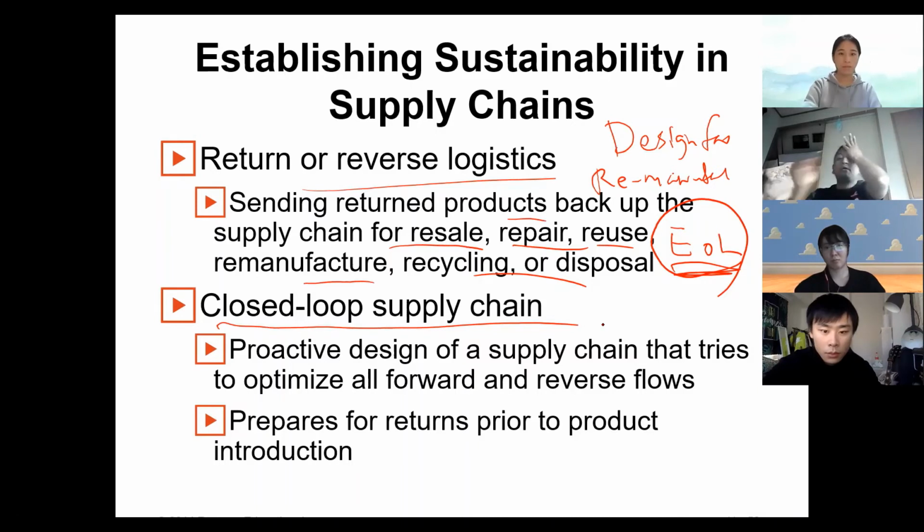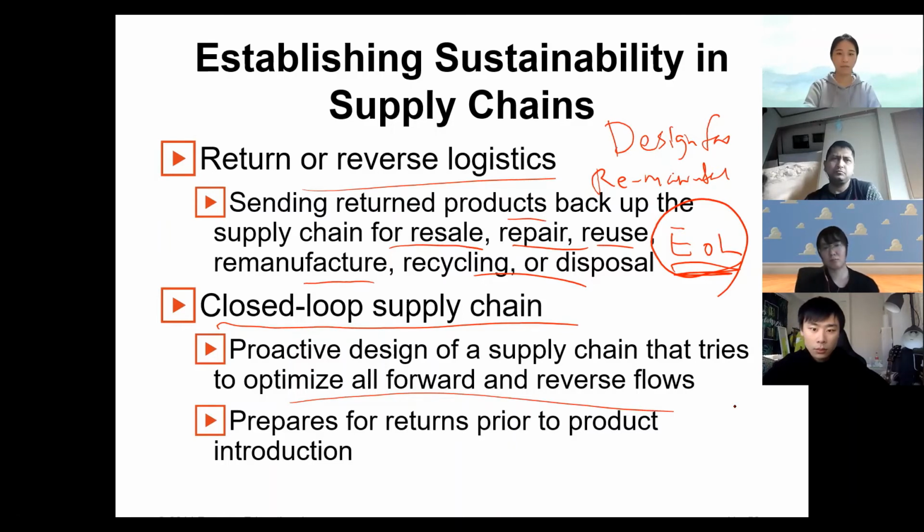You proactively design the supply chain, but this is on supply chain only, and there are other things in the economy and so on. So, proactive design of the supply chain that optimizes forward and reverse flows. There are companies today that do not manufacture automobiles, but dismantle them.